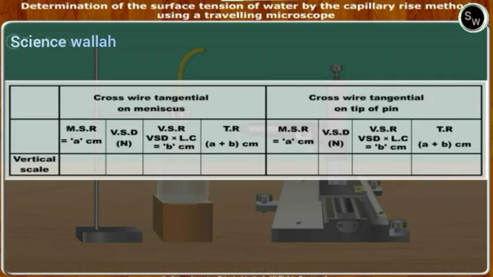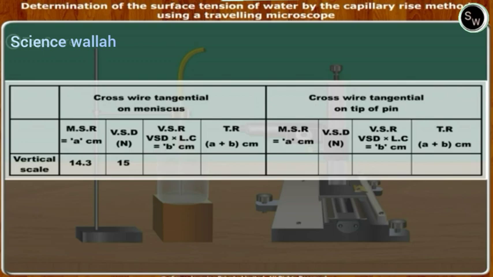Note the reading on the vertical scale as before: MSR, VSD, VSR and total reading. Main scale reading A is 14.30 centimeter, coincident vernier division N is equal to 15.